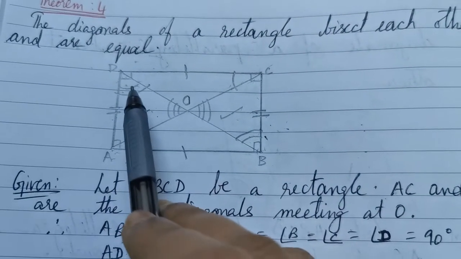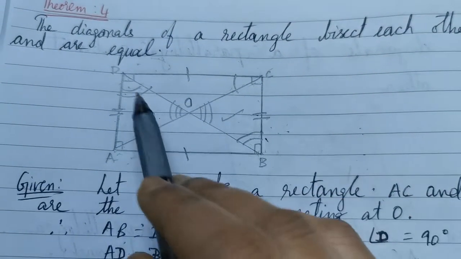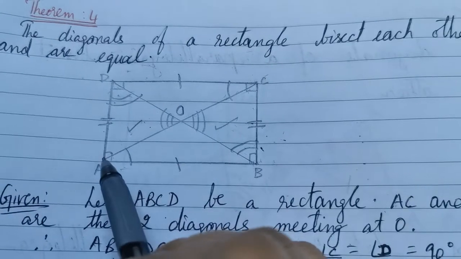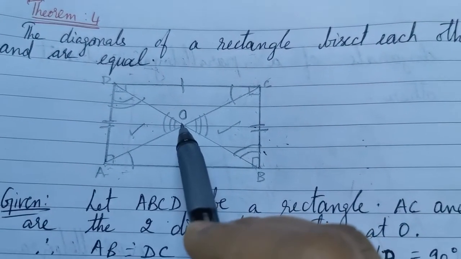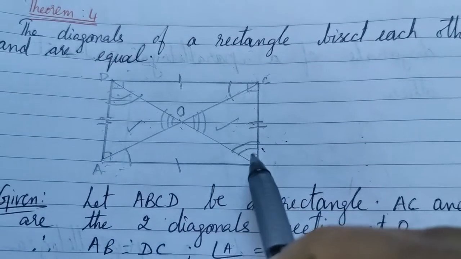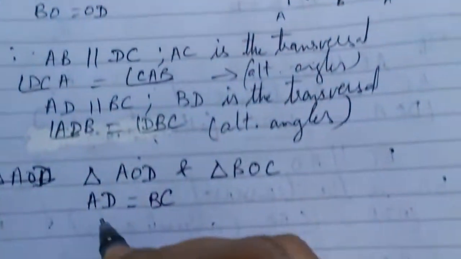Now I will write angle ADB is equal to angle DBC, or I can say in these two triangles, this angle in this triangle is called ADO, and here I have CBO. They are equal.